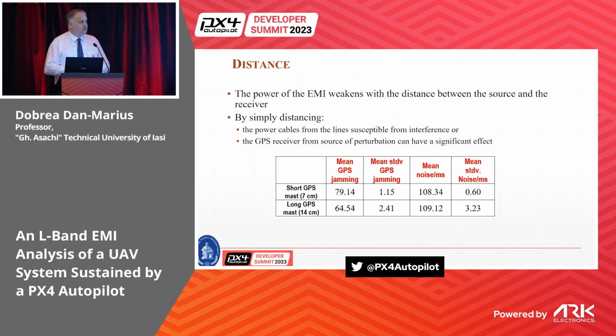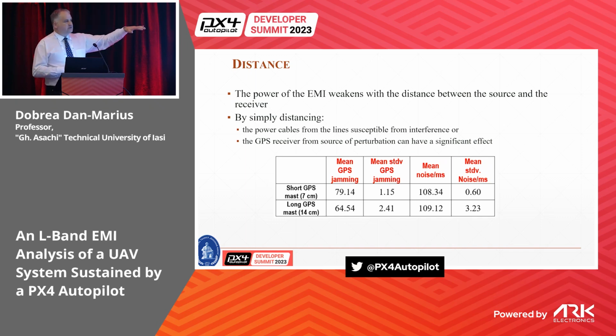Another important parameter is distance. The main idea is that interference weakens with distance. The most basic solution is to put distance between the power cable and the signal cable, or to put your GPS unit in a higher position.